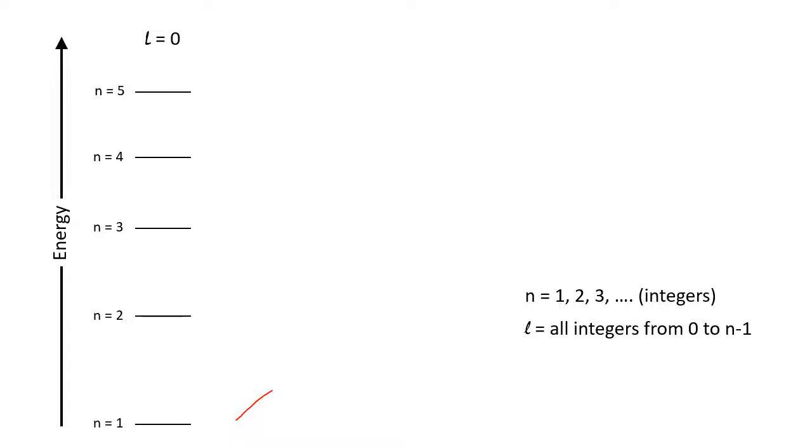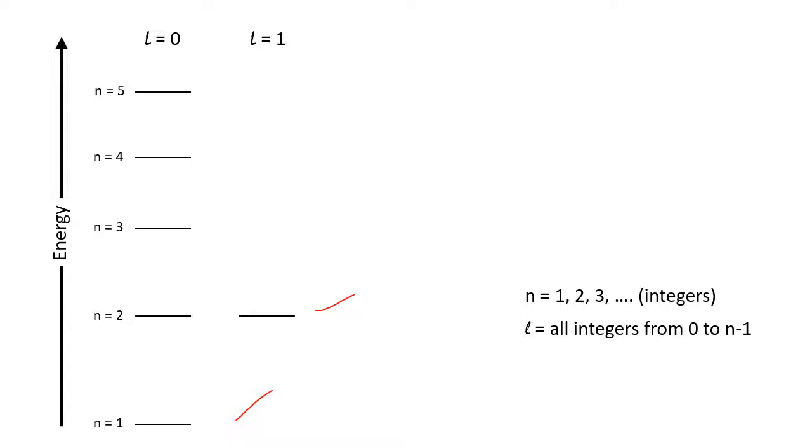I not only have l equals 0 as a possible sublevel, but I can also have l equals 1. Why is that? Because the maximum value of l is equal to n minus 1. When n is 2, 2 minus 1 is 1. So I can have these two sublevels, both l equals 0 and l equals 1. And that same behavior continues.